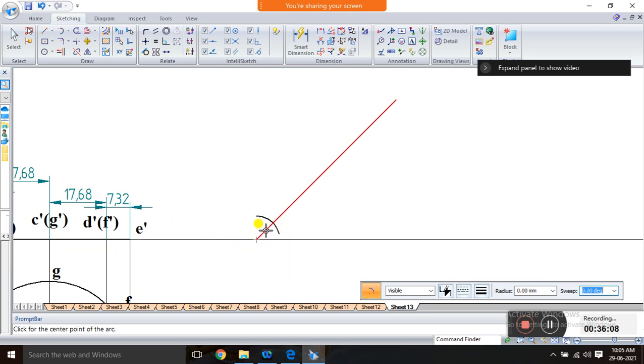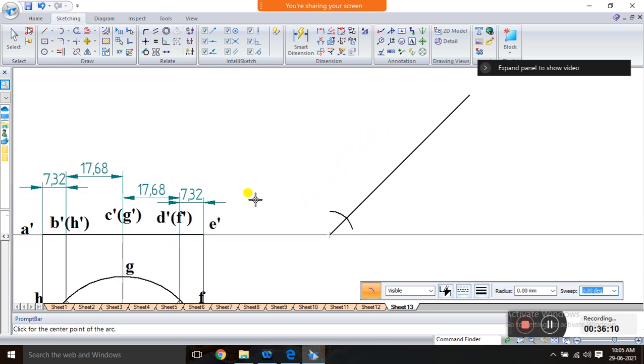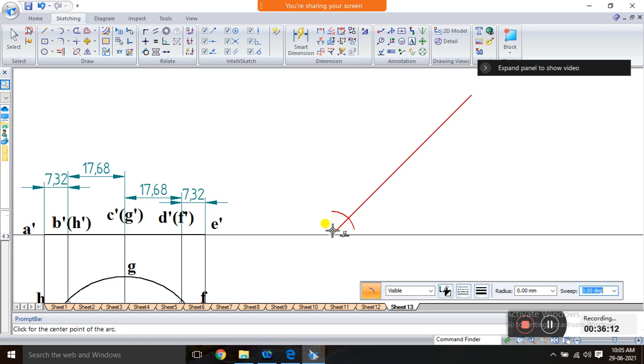Similarly, same thing next, either you can place it on B dash and cut the C dash arc, or you can place it on A dash and cut C dash, means you have to add these two. So the radius is 7.32 plus that 17.68, both you have to add, then cut the arc.